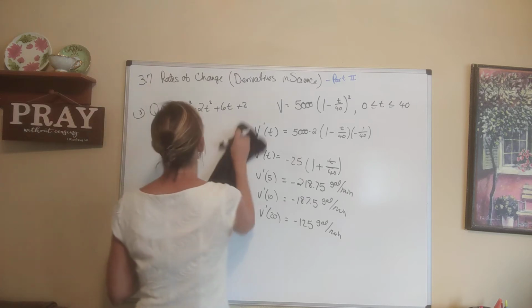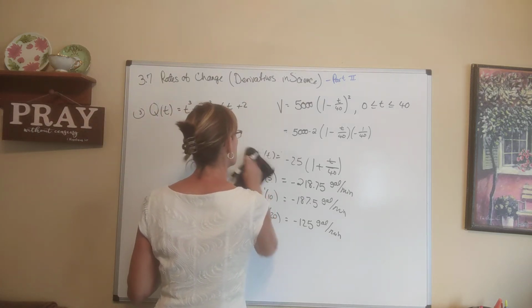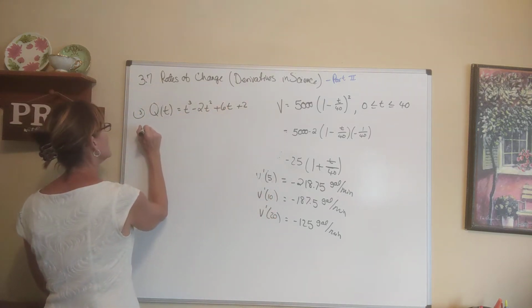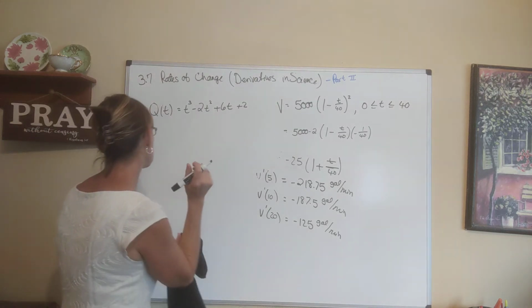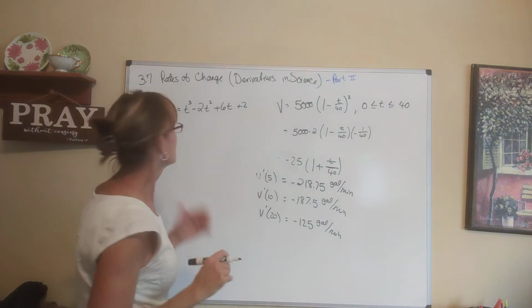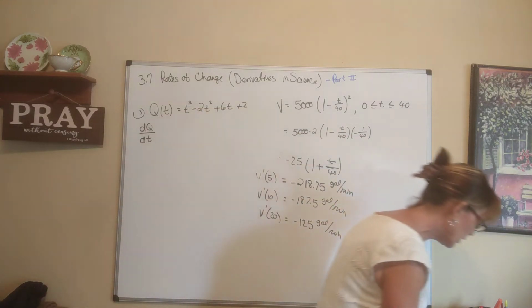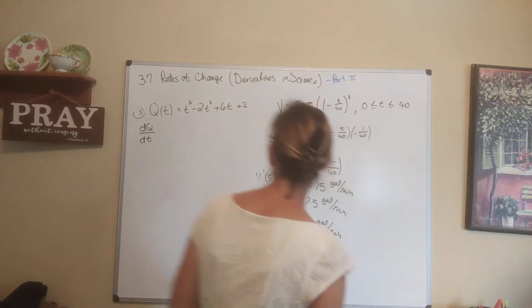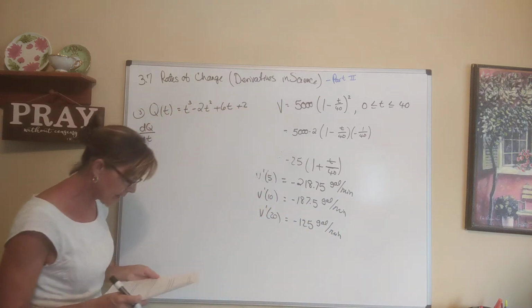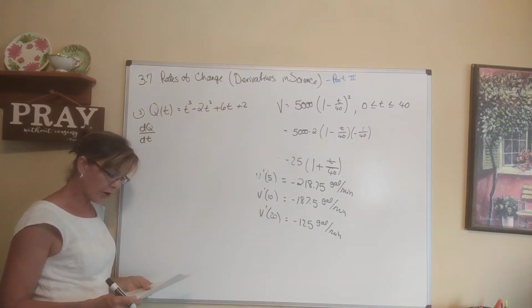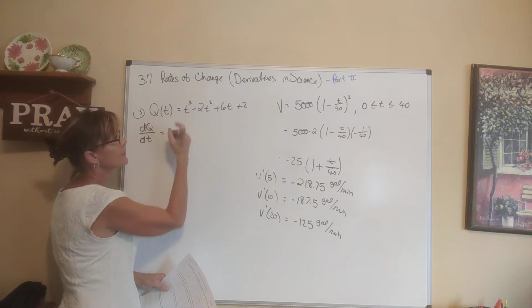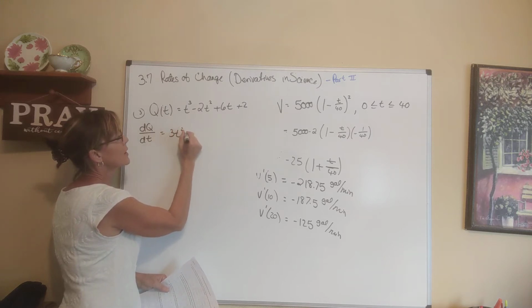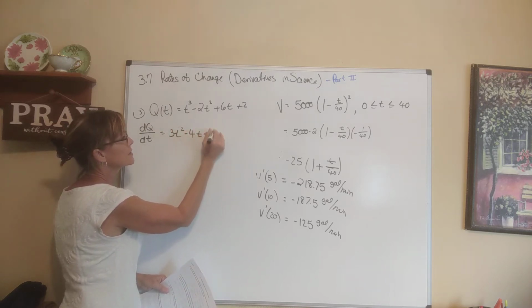So dQ/dt is known as current, measured in coulombs per second, which is known as amps, amperes. It says find the current, which is the change in the amount of charge per time. So this is what we're after. Take this derivative: 3t squared minus 4t plus 6.